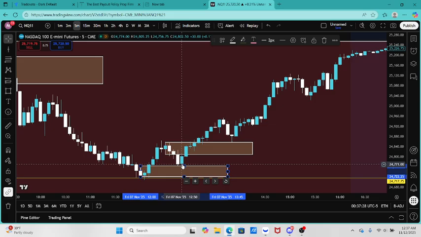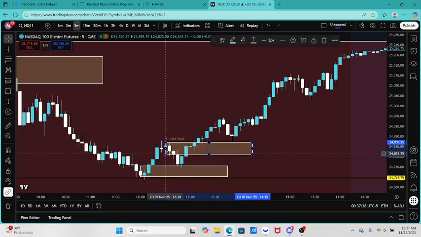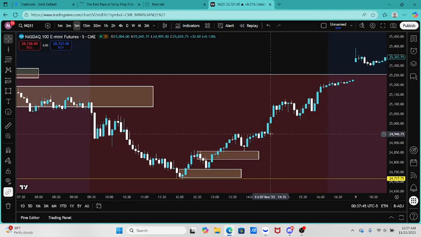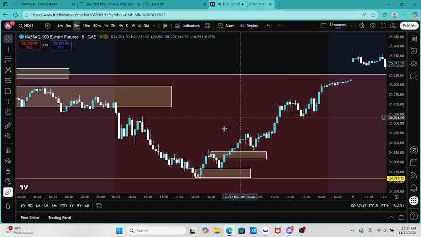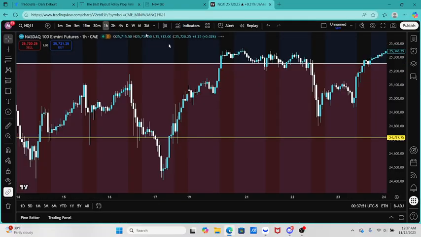Or if you want to wait, you could always wait until it takes out another high and then enter in this order block right here. Because look how they're suppressing price. And then what you would do is, like I said, we would be aiming for that first order block.